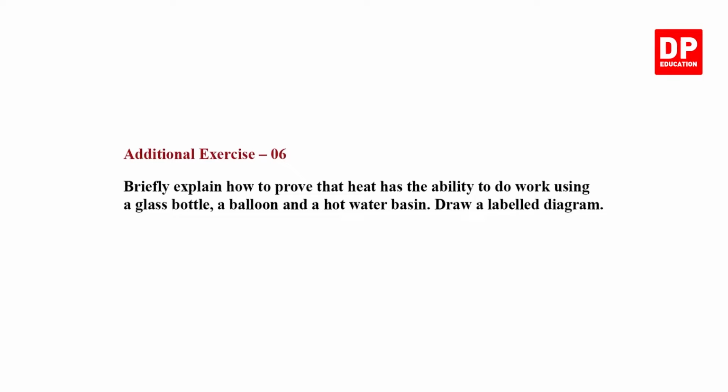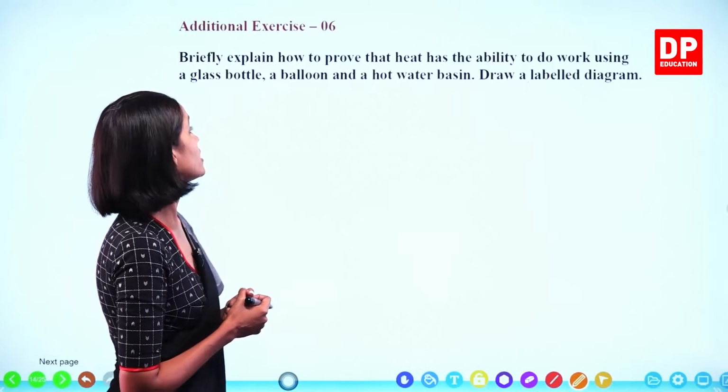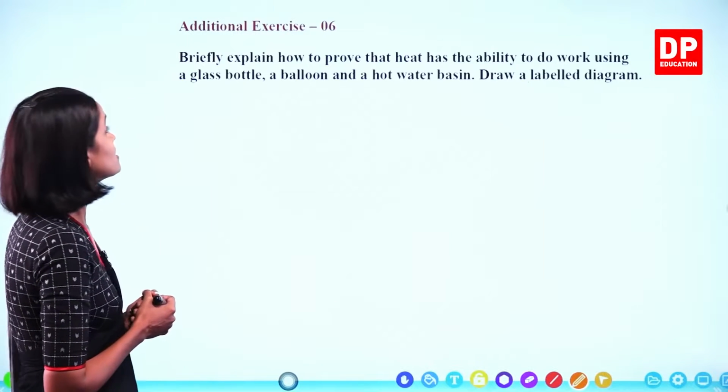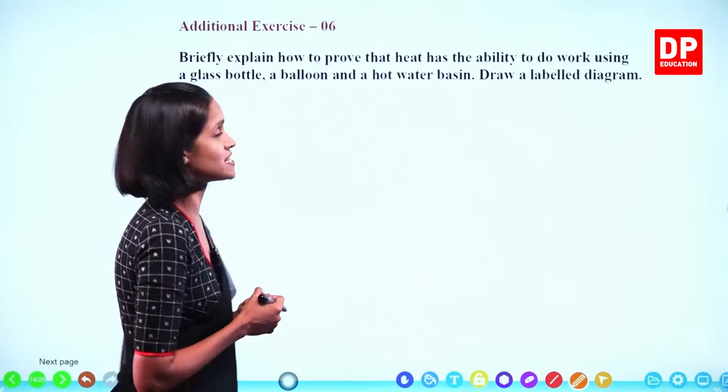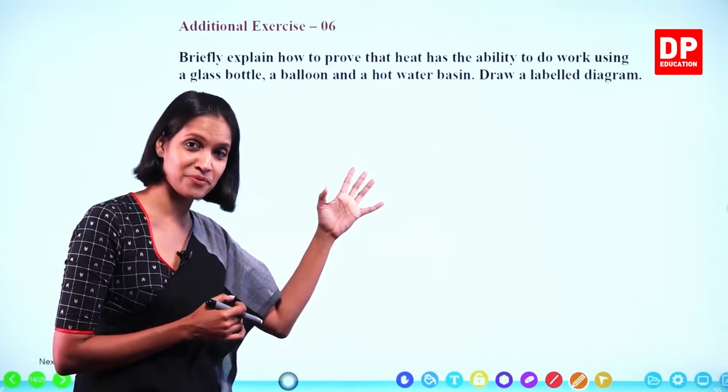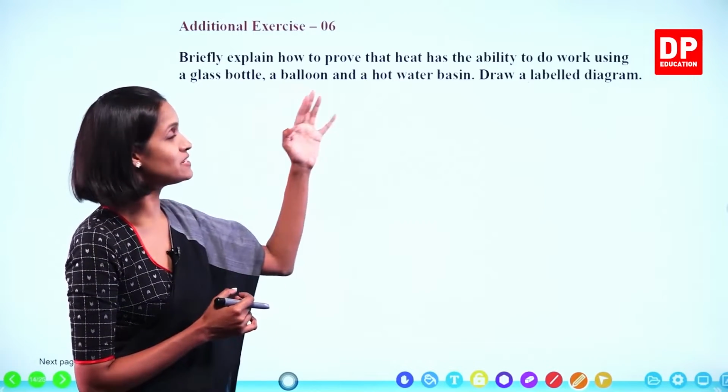Right. Exercise number 6. Briefly explain how to prove that heat has the ability to do work using a glass bottle, a balloon, and a hot water basin. Do you remember we did the same activity in the lab, right? Draw a labelled diagram.